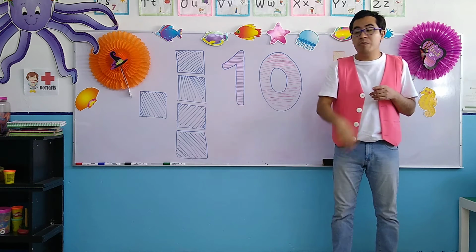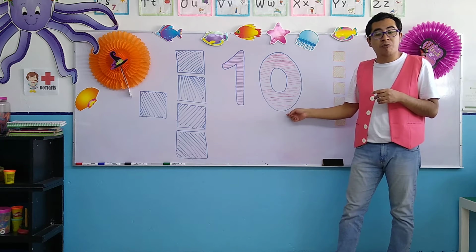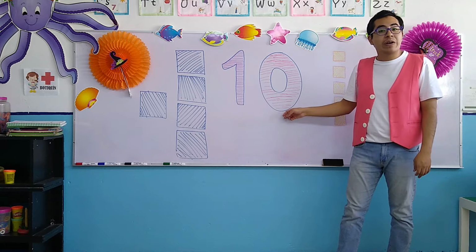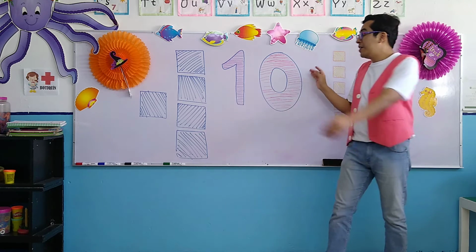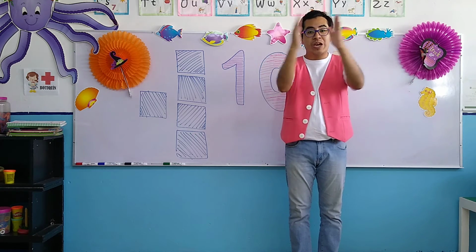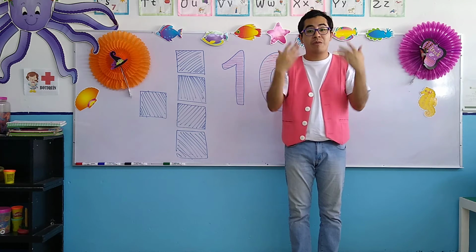It has two numbers. It has a 1 and a 0. Remember, the 1 is a soldier and the 0 is like a circle, like an oval. And these two numbers are together. They are joined, they are together, so they can create a new number.